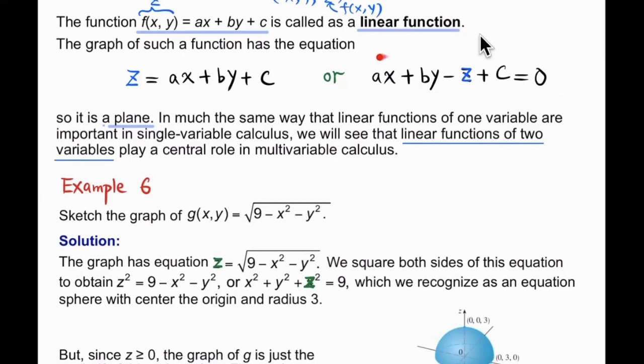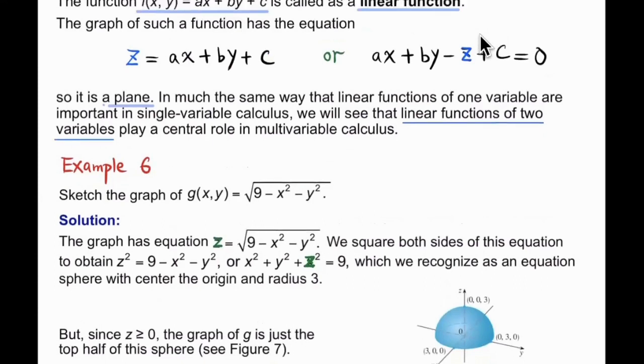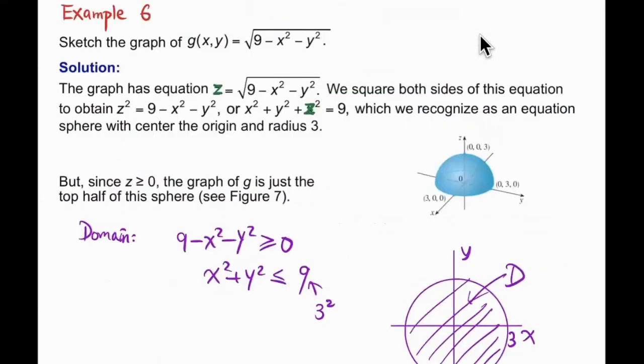The graph of them will be planes. Now, this is a linear function of two variables, and it plays a central role in multivariable calculus. So it's worth remembering. Next example, we're going to sketch the graph of this function.